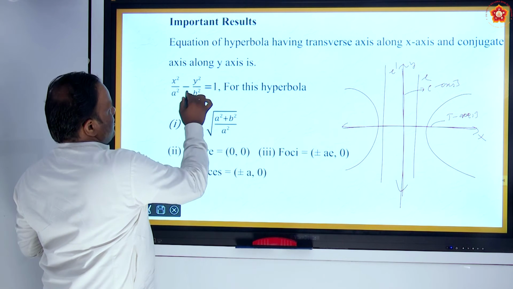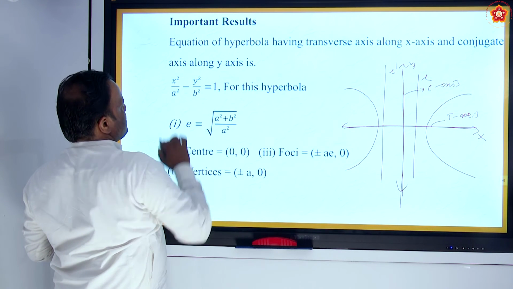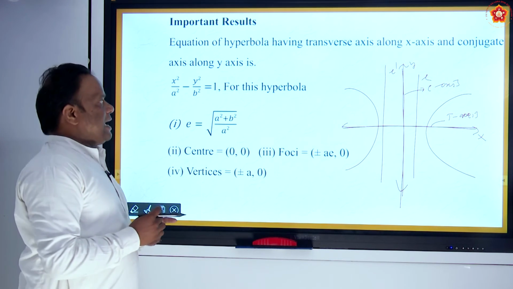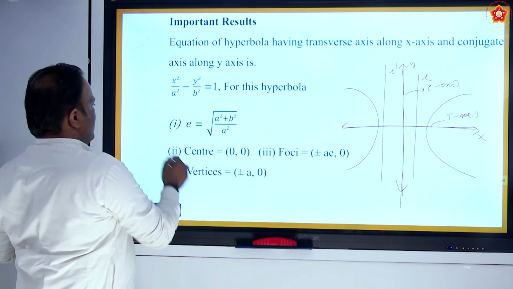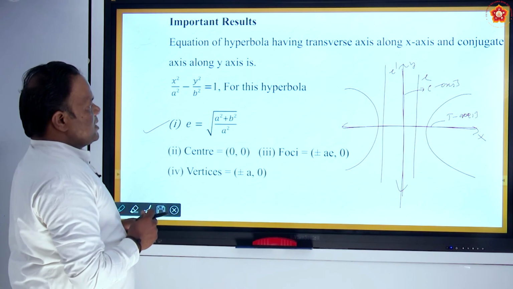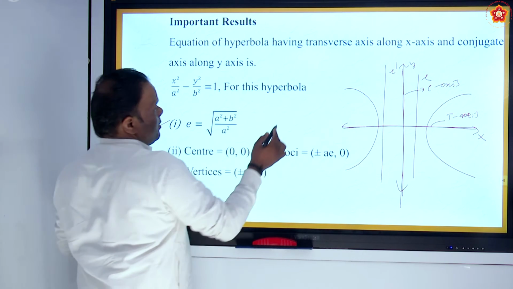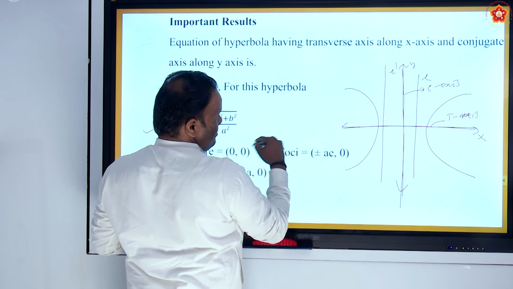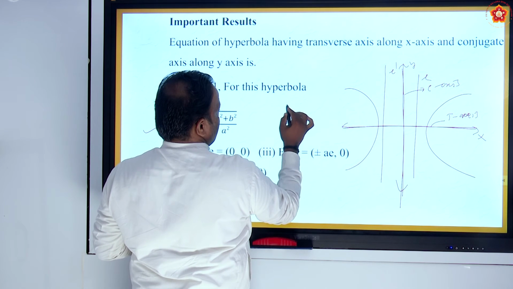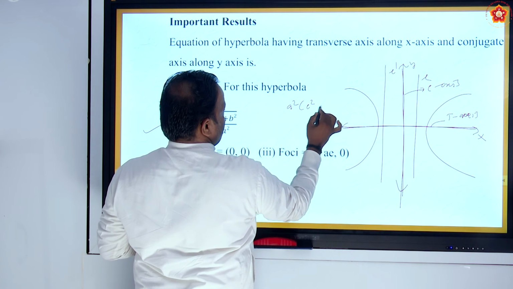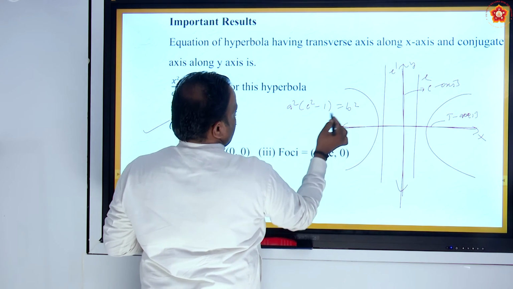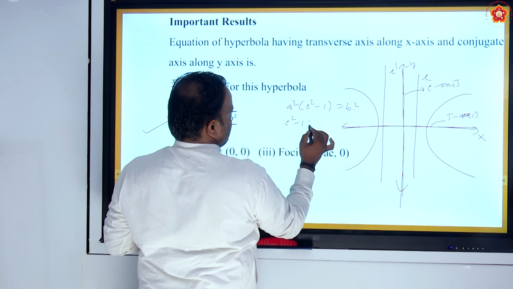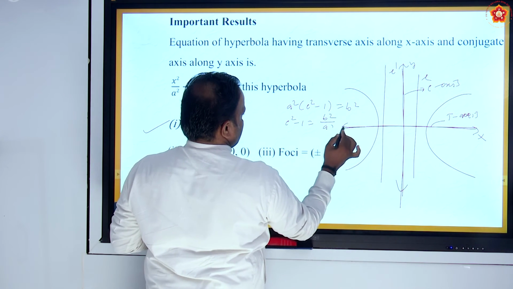The equation is x square by a square minus y square by b square equal to 1. For this hyperbola, you should remember some results. Eccentricity: we substitute from the last PPT. Take e square minus 1 is equal to b square by a square.